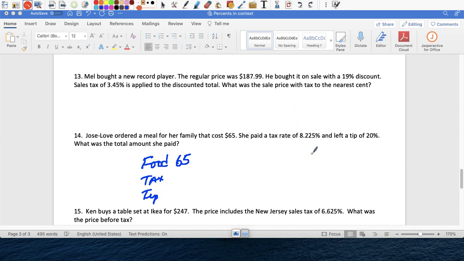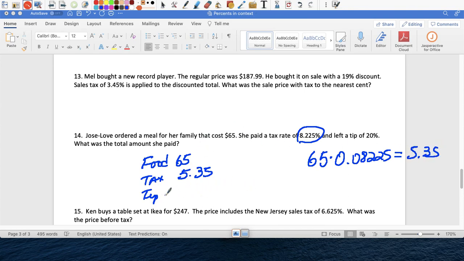So if you actually have to find the actual amount of the tax, it's just 65 times this number here, 0.08225, and the actual tax is $5.35 rounded to the nearest cent.